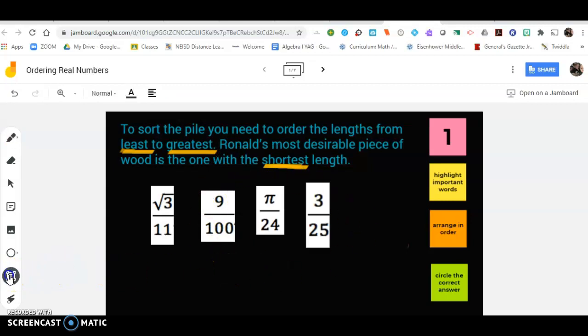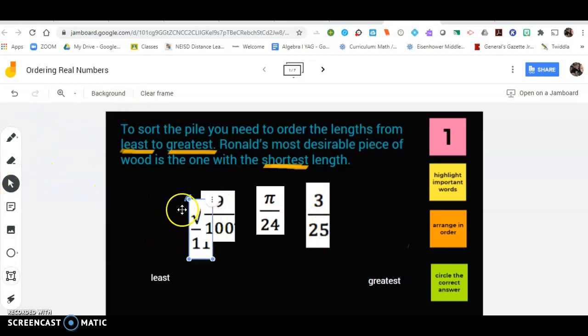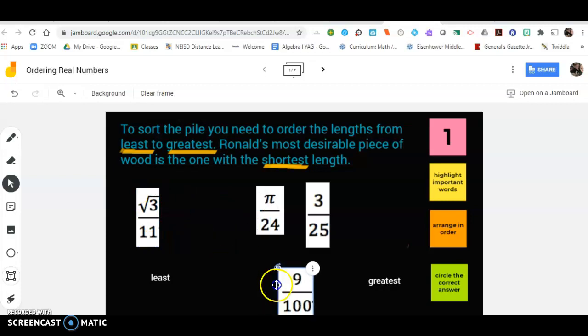That's how we can interact that way. We can put a text box and change the color. We can say this side is my least side, and then this side over here will be my greatest. Then you are able to move the actual numbers where they need to go.